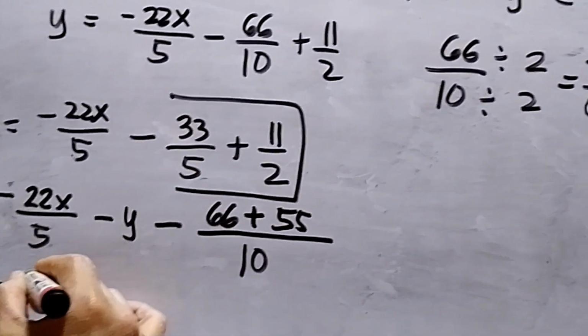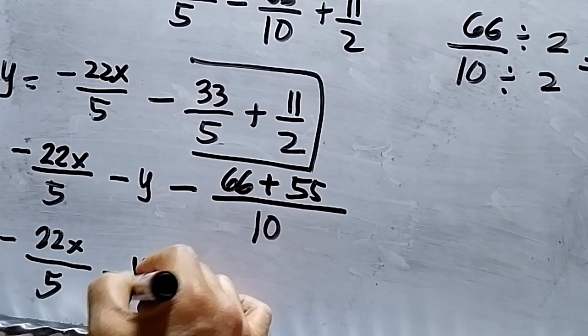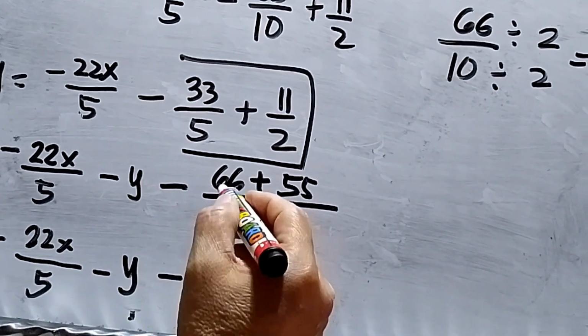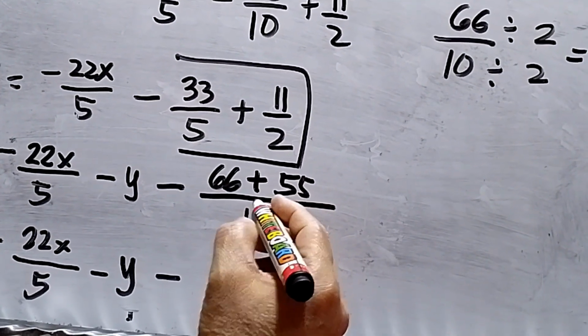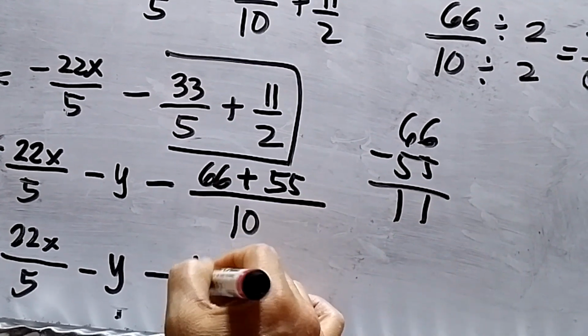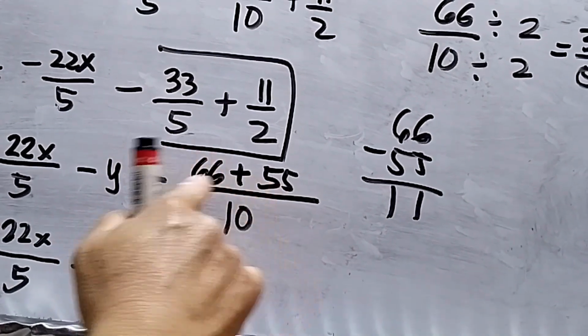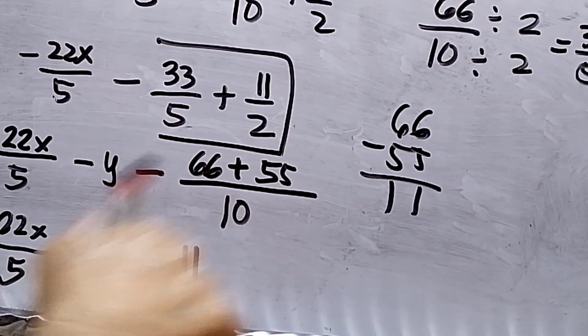So negative 22x over 5 minus y, and then minus 66 plus 55. 66 minus 55 will be 11. Since 66 is bigger than 55 and has the negative sign, I have here negative 11 over 10.